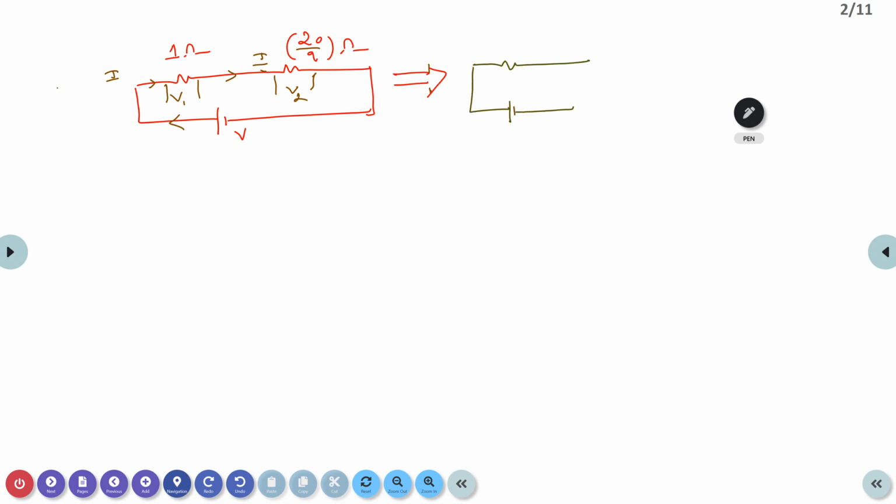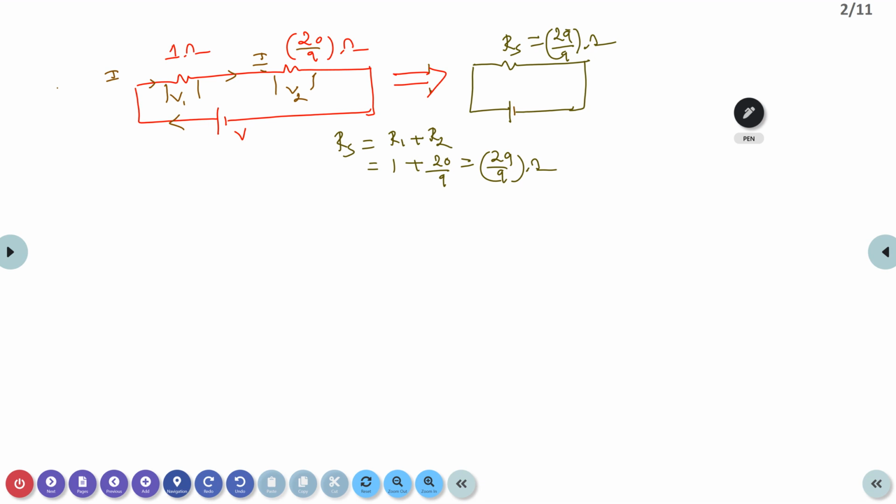This is the equivalent resistor, Rs. Rs equals R1 plus R2, which equals 1 plus 20 by 9, equals 29 by 9 ohm.